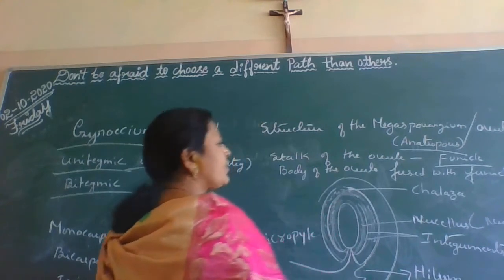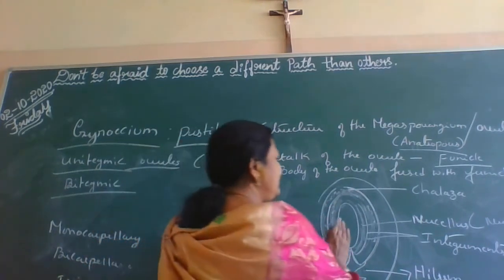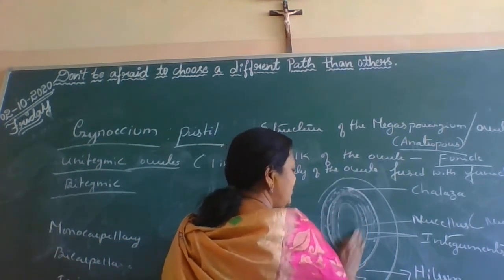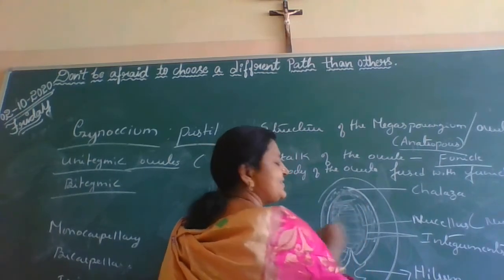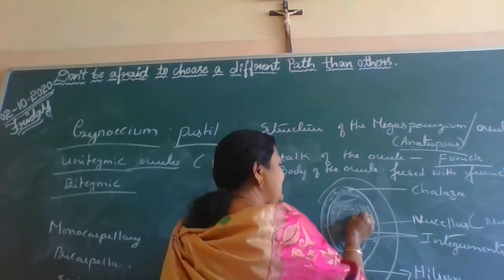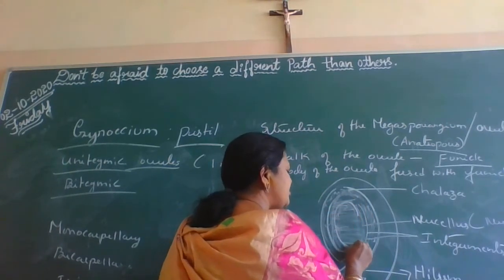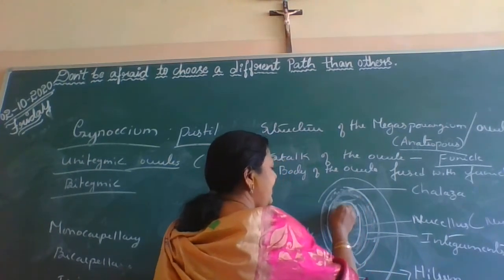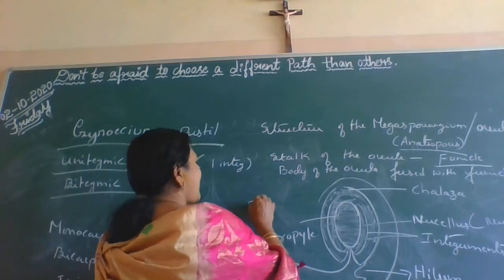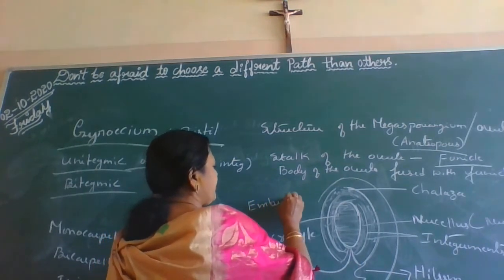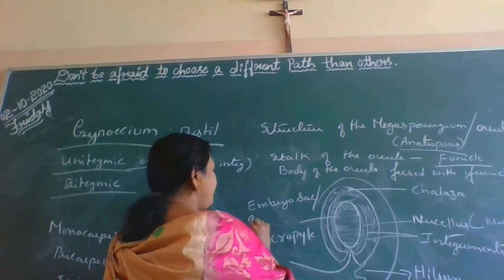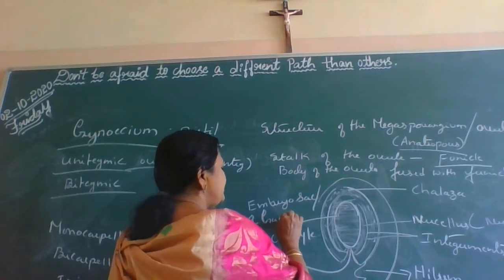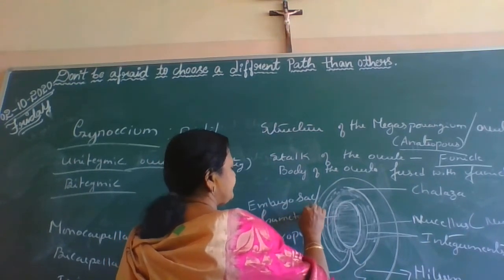Now, look here. Inside this nucellus, this whole thing, what I said? Nucellus. That is a nutritive tissue. Inside this nutritive tissue, there is an embryo sac, or called as female gametophyte.